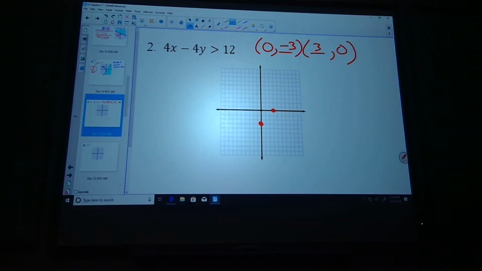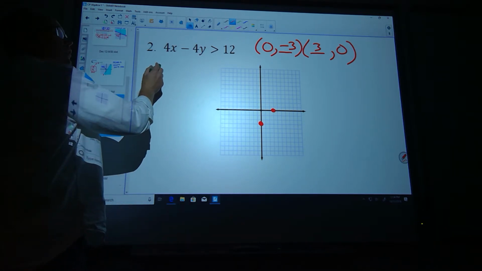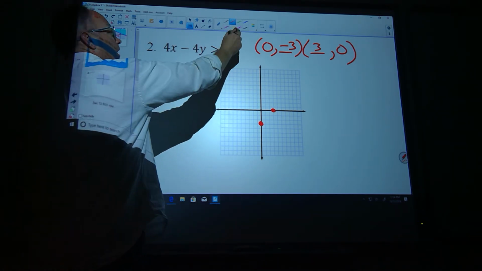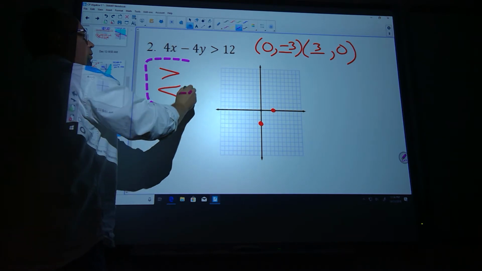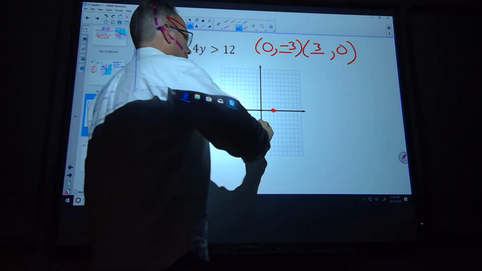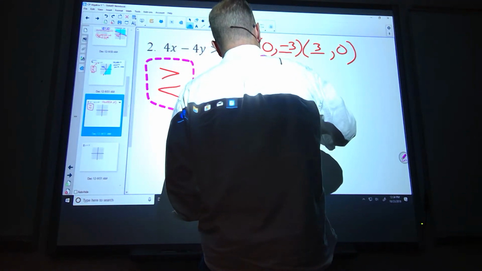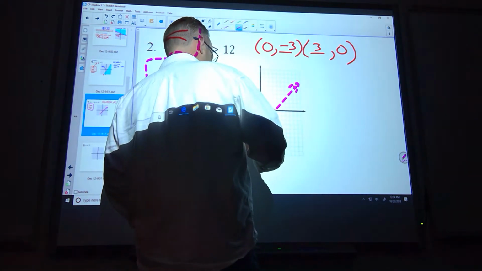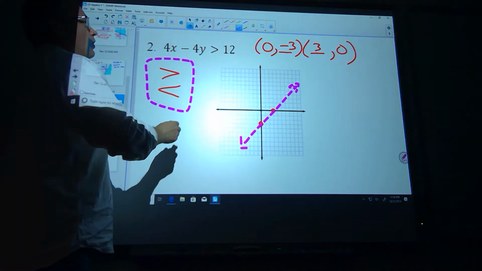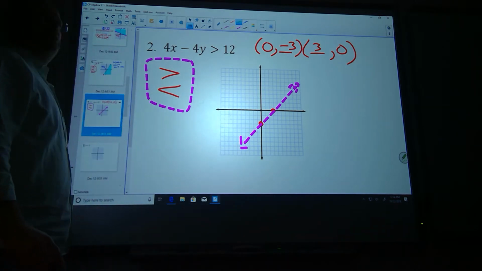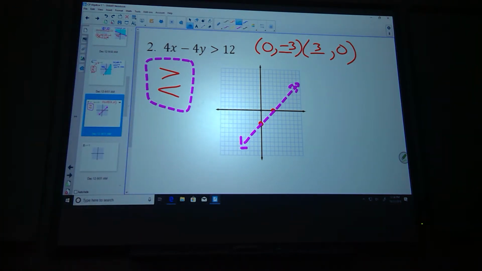Hey, is this solid or dotted? Solid or dotted? It is dotted. If it's either of those, you don't have the equal sign. It has to be dotted, okay? So, does 0, 0 appear to be a pretty good test point? Is 0, 0 kind of like leftish of the graph?